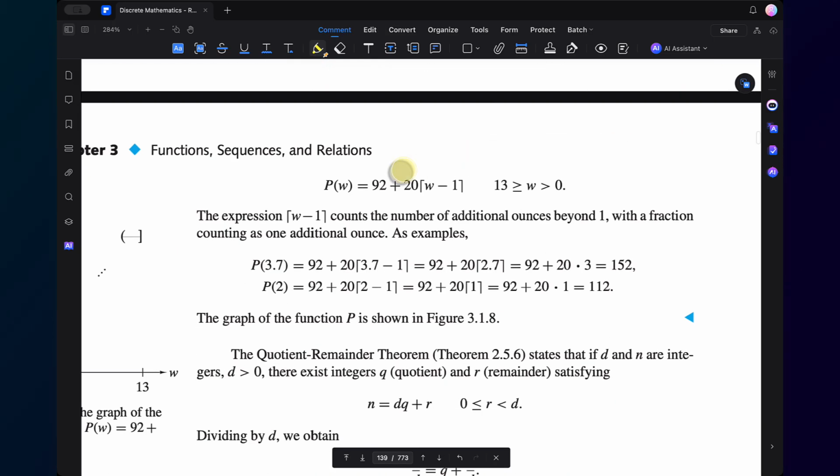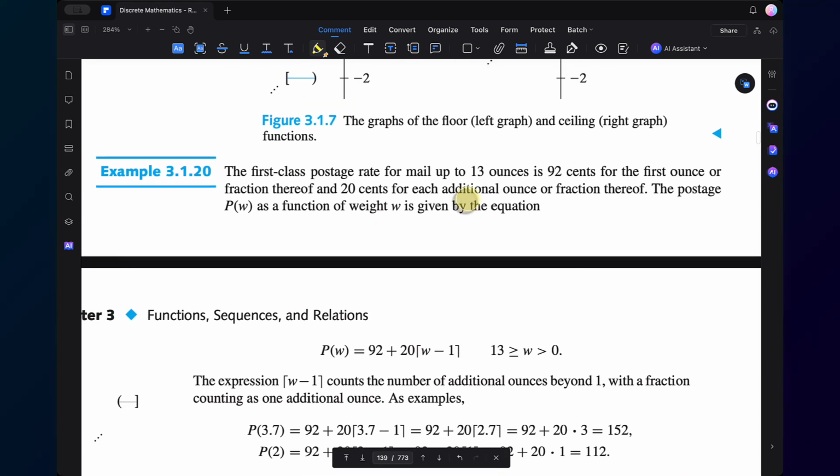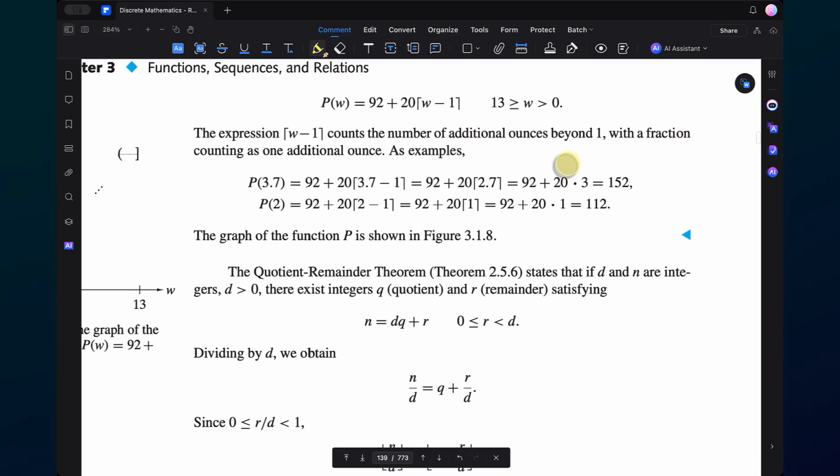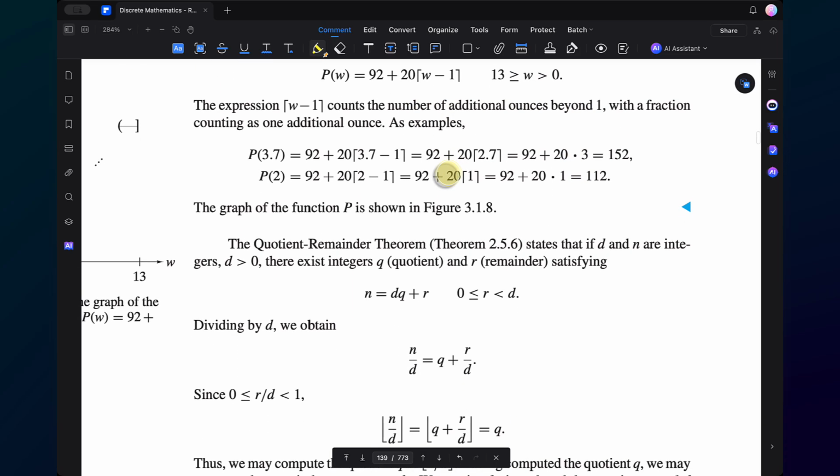So you say the price of postage would be 92 cents plus 20 times the ceiling function of W, where W is the number of ounces over, and that gives you the price. So it's a way of getting this function written down nicely.